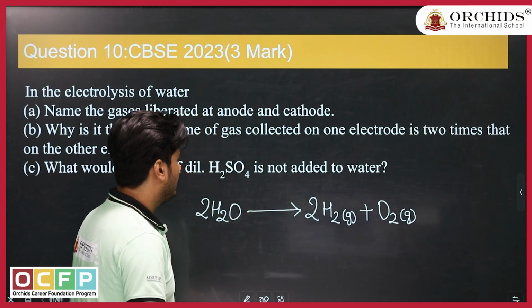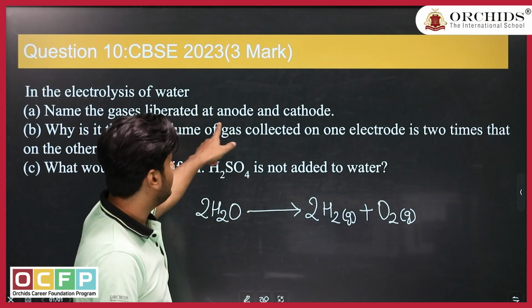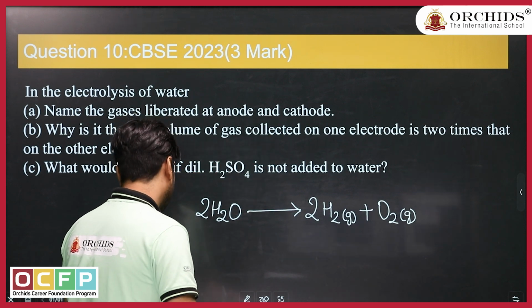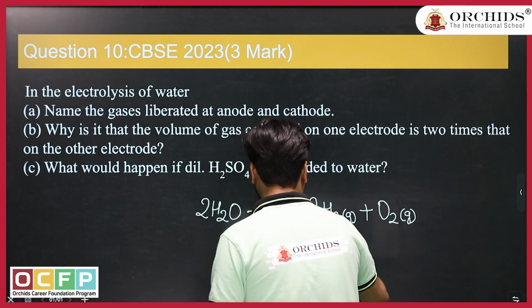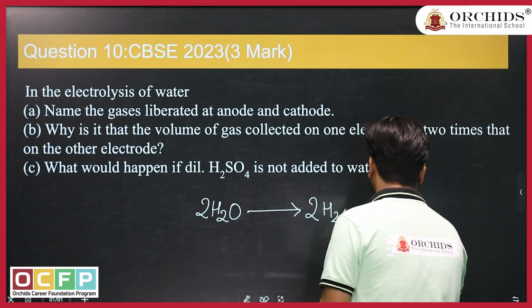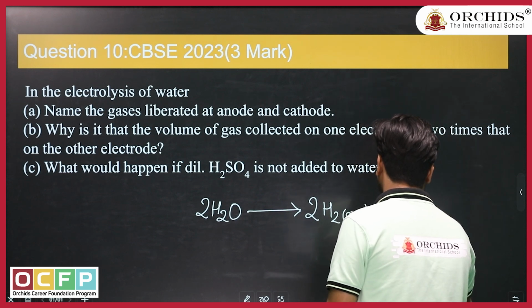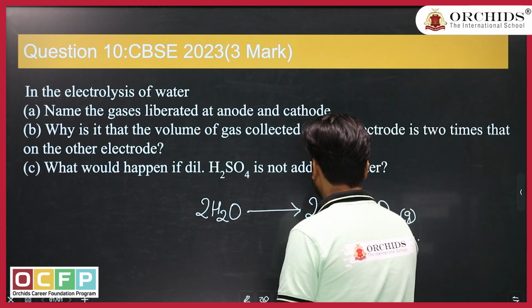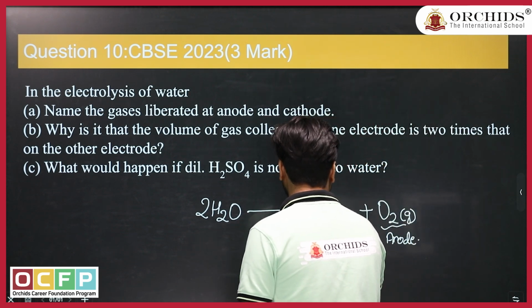Now they are asking to name the gases liberated at anode and cathode. So what gas will be liberated at anode? Oxygen. And what gas will be liberated at cathode?